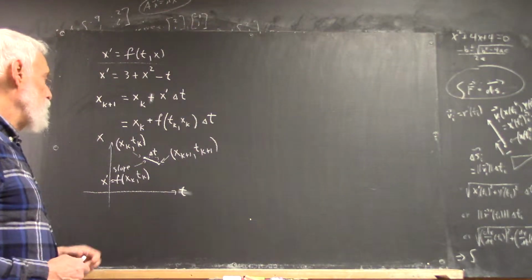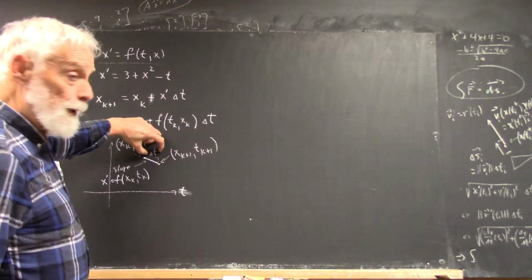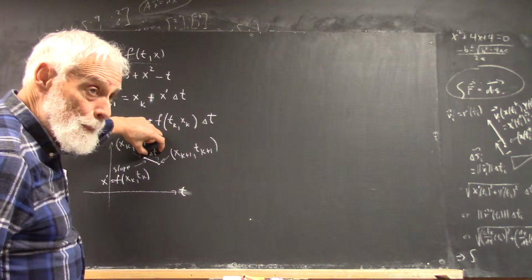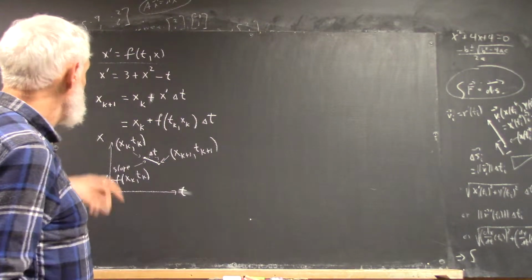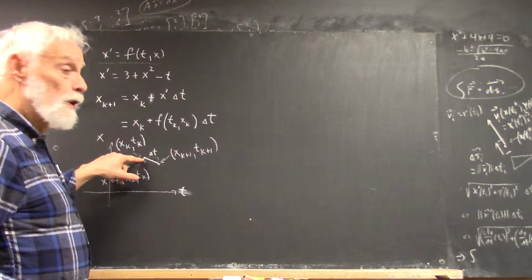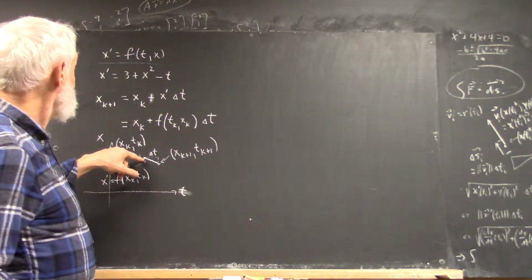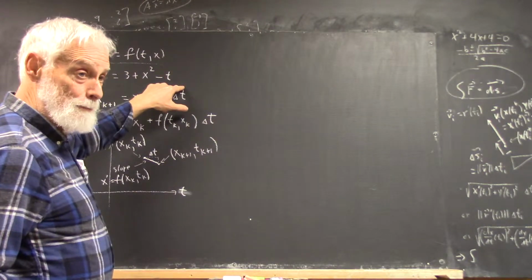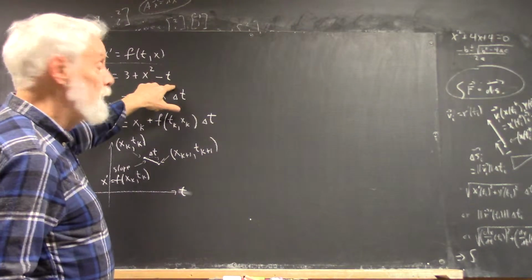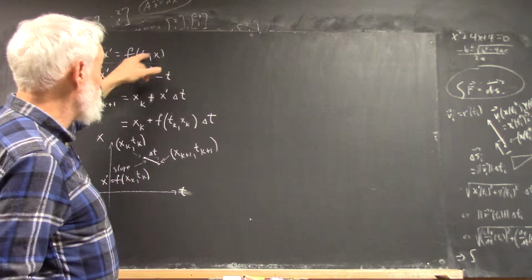There are all kinds of things you can do with that, but right now we're just looking at what happens for constant delta t. Here's our point. What's the slope of the graph at this point? Well, plug in the x and t coordinates here, which means you evaluate f of t sub k, x sub k.